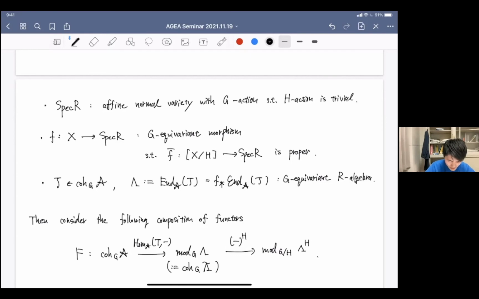And let F be a G-equivariant morphism from X to Spec R. Since the H action is trivial on Spec R, F induces a morphism F bar from the quotient stack X over H to Spec R. And the condition is that F bar is a proper morphism.